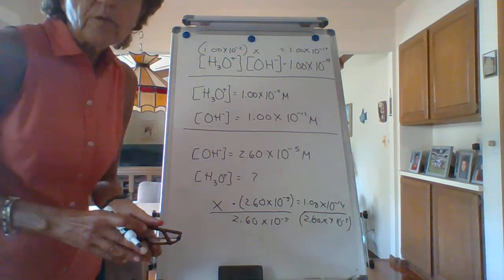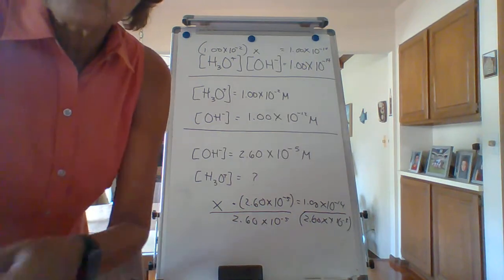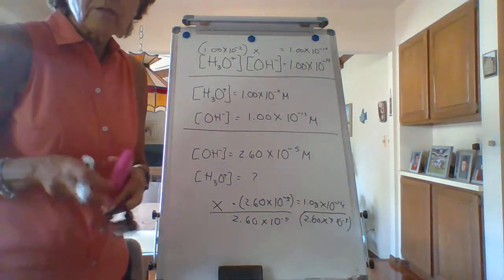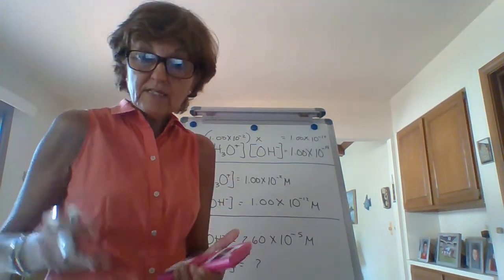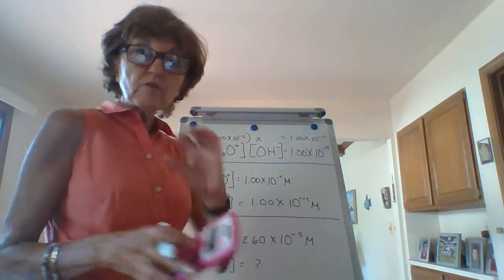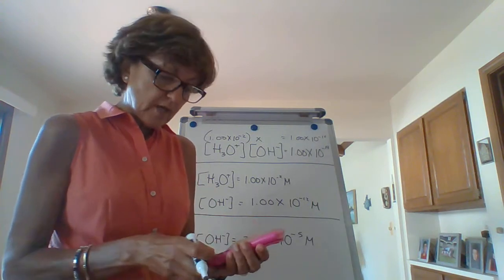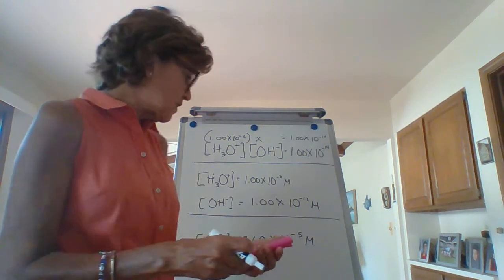Okay, now you pick up your calculator, depending on which calculator you guys have. Remember, anytime you have exponents in the denominator, put parentheses around them, okay? So I'm going to use this handy dandy pink one.